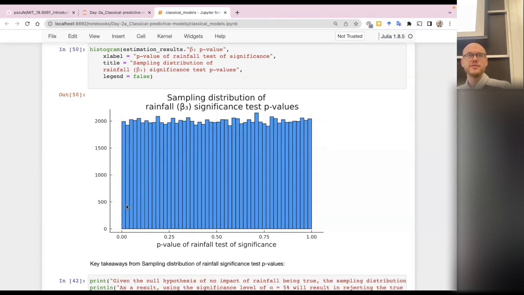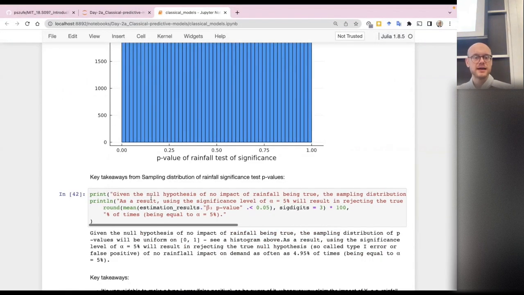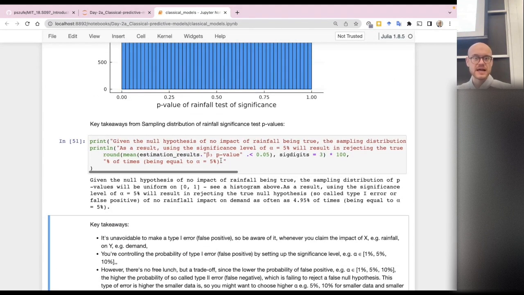So we concluded that there is an impact of rainfall on demand, which we know is not correct. So in 10% of cases, we would make an error.